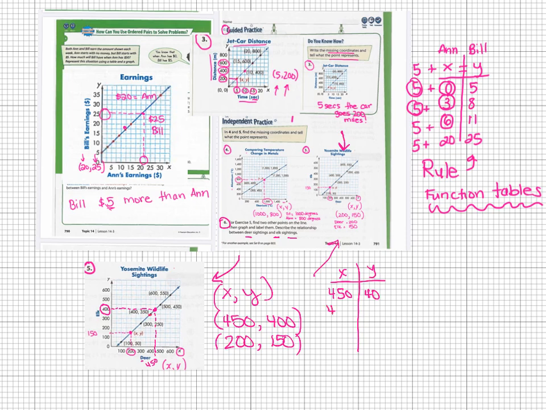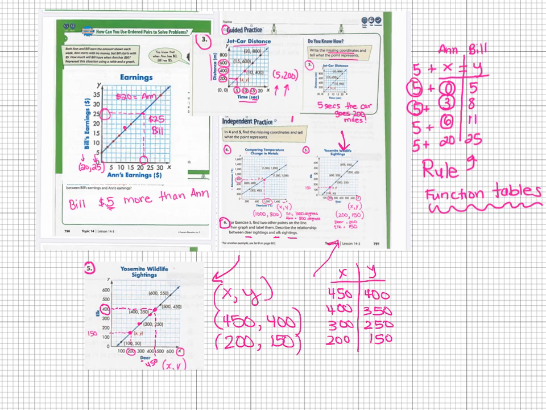I'm going to put that in there. This is 400 and 350. And then here we had that point, and it was 300 and 250. And then this is the one we found ourselves, and that was 200 and 150.